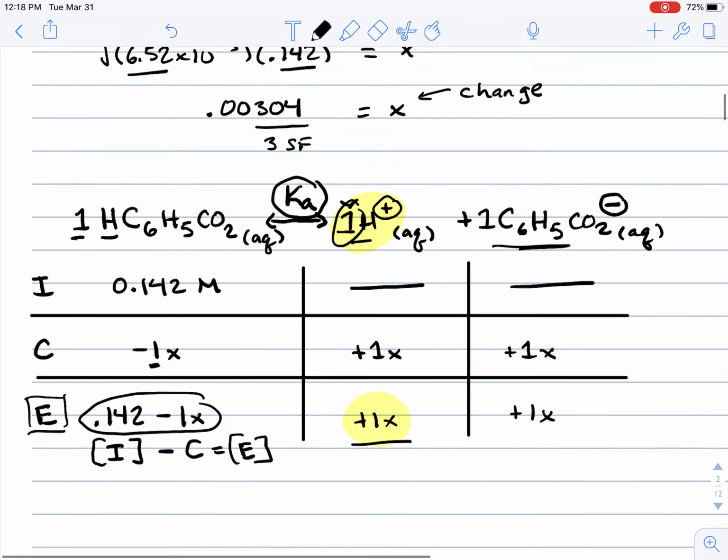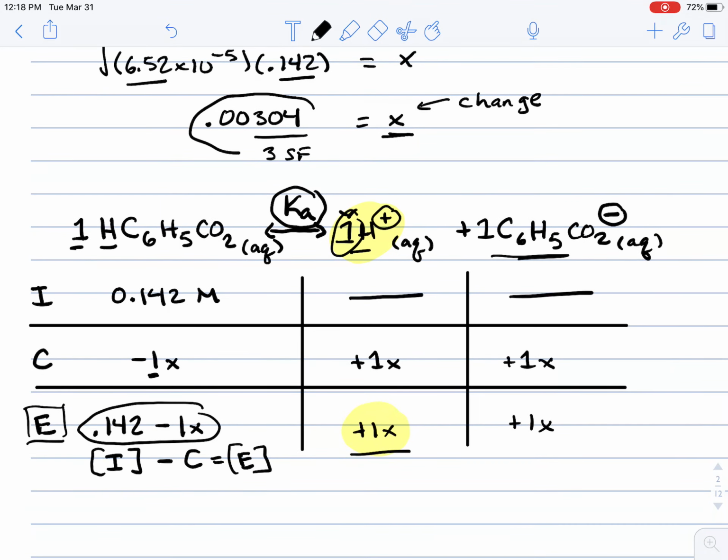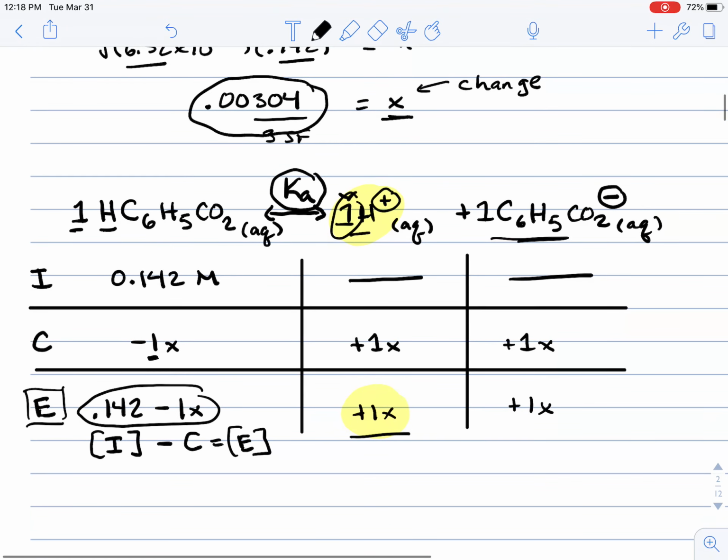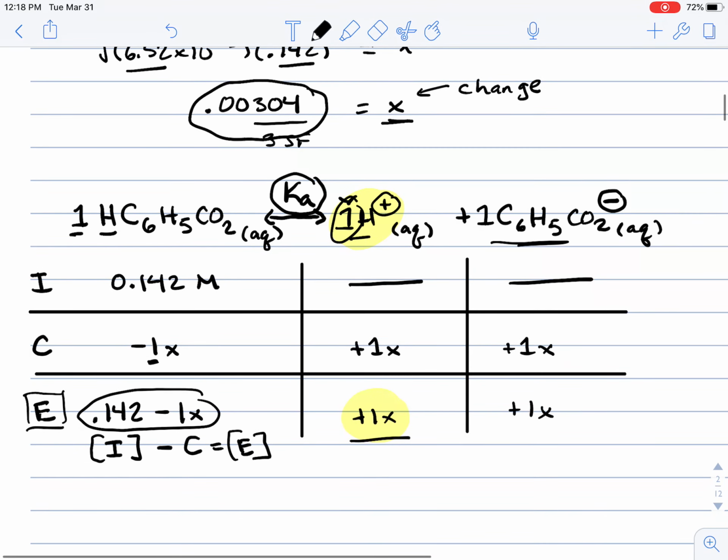So now that we've figured out x, or the change, we're going to plug this value into every place where we see x. Now you have to keep in mind what we're trying to address. The question is asking us to determine the pH of the solution.